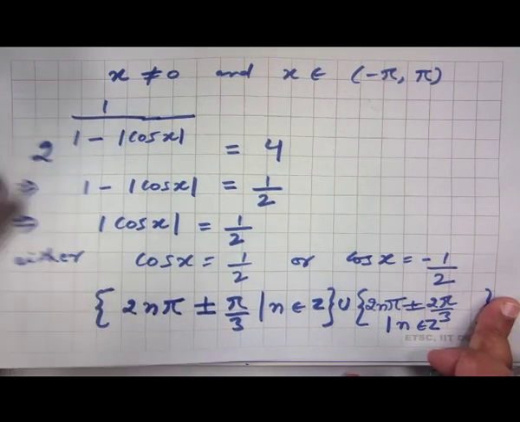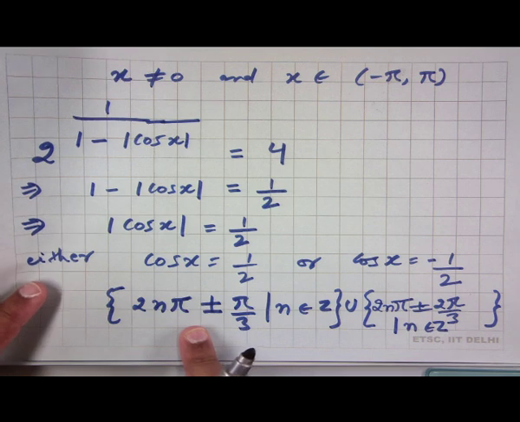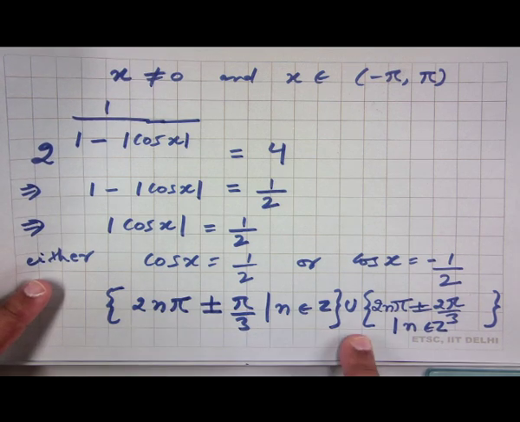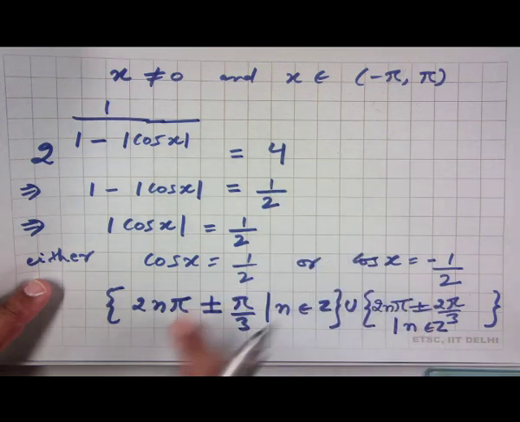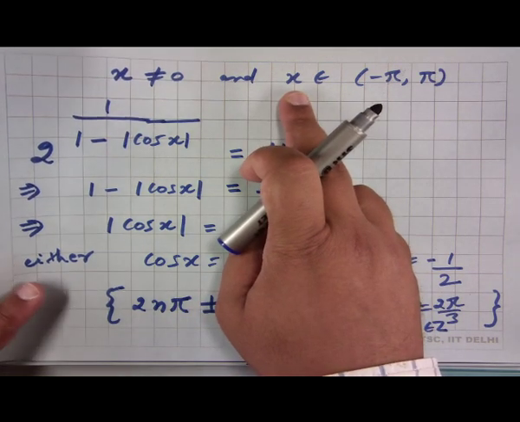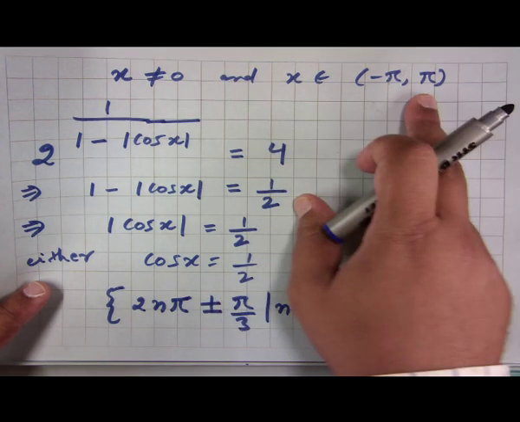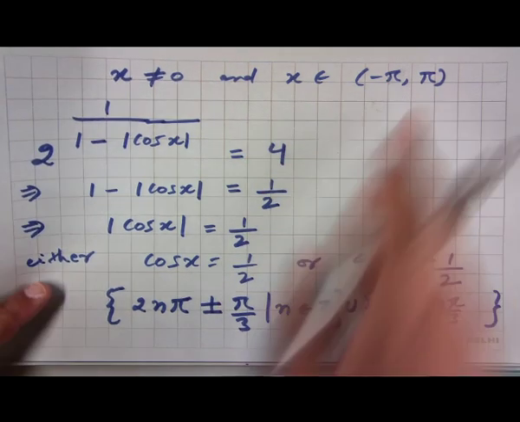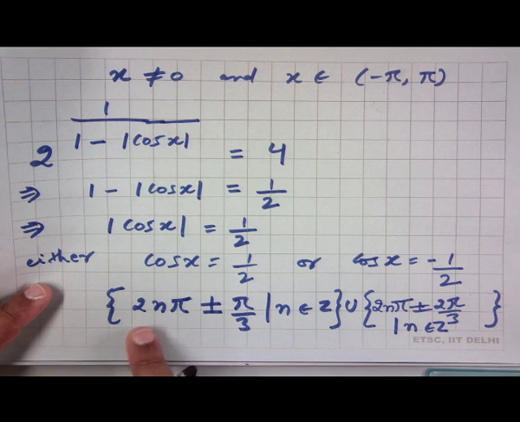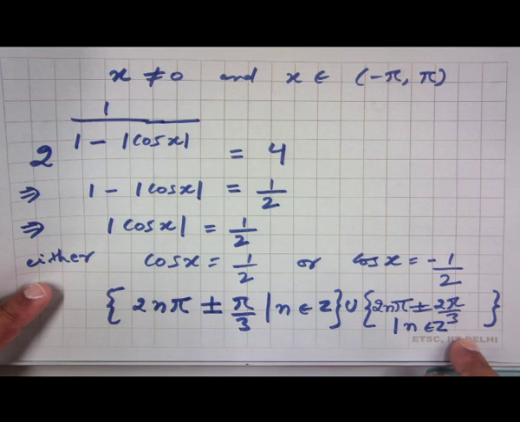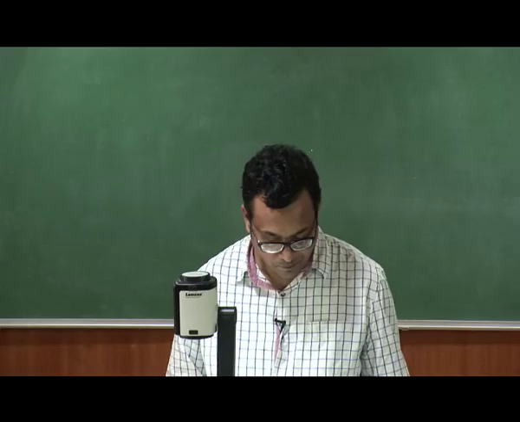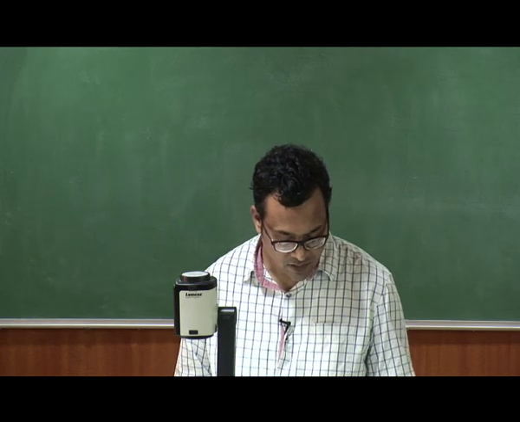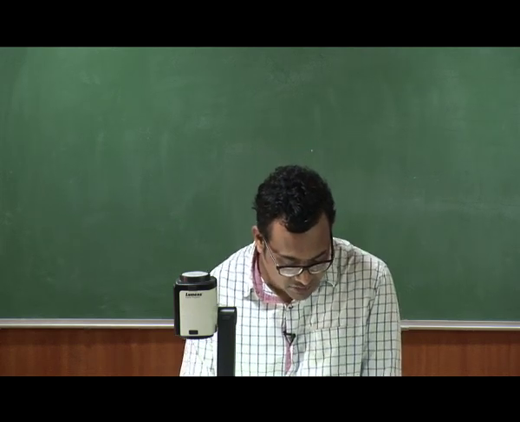But if we remember, what was asked in the question was not the general solution, but we were asked to find all solutions for x between minus pi to plus pi. So we only have to see which solutions here fall in the range minus pi to plus pi, and that is very easy to see.